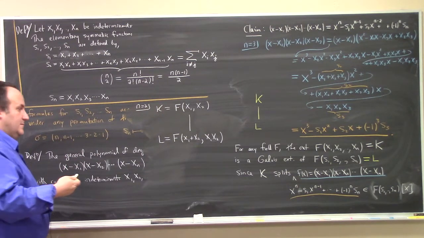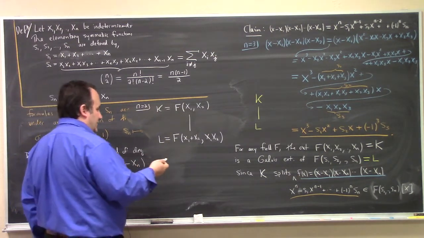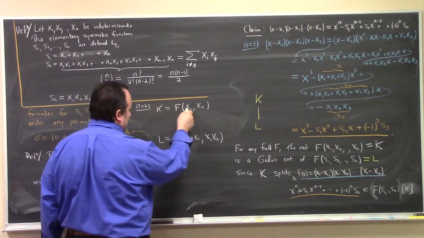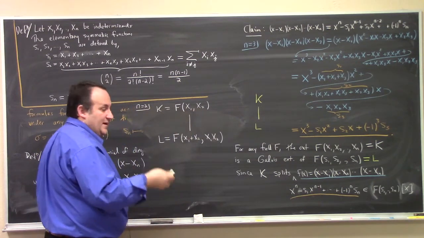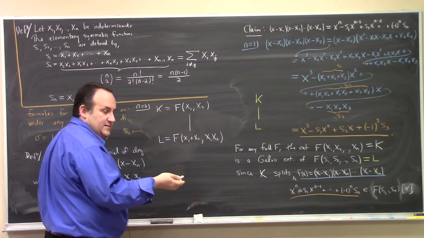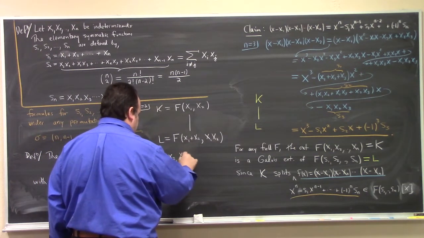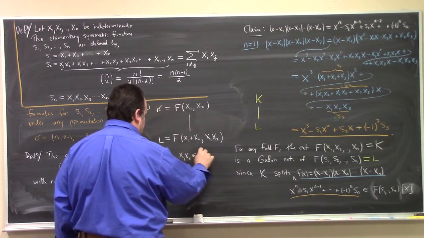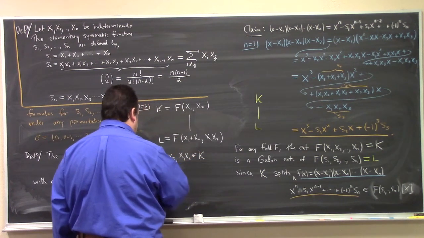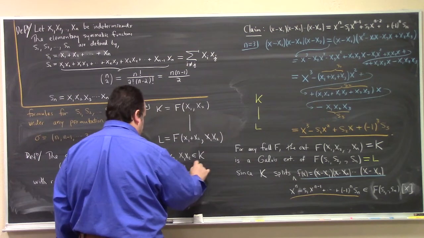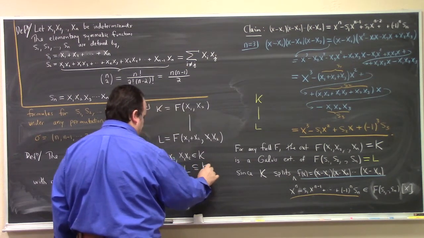L is a subset of K because if you have the field containing x1 and x2, obviously x1 plus x2 and x1 x2 are elements of K. Hence, L is a subset of K, right?